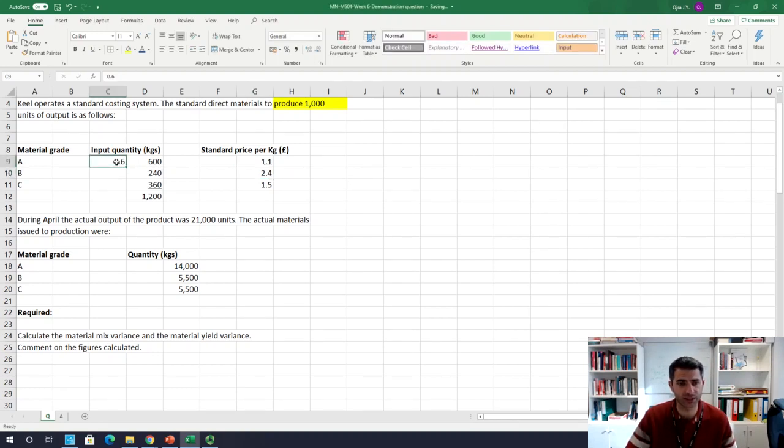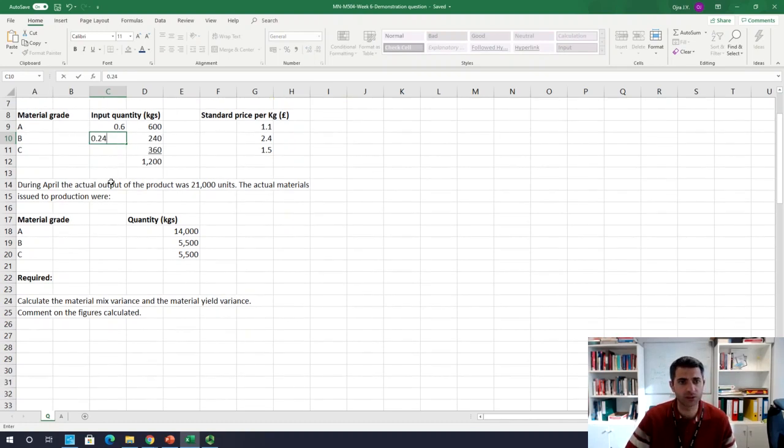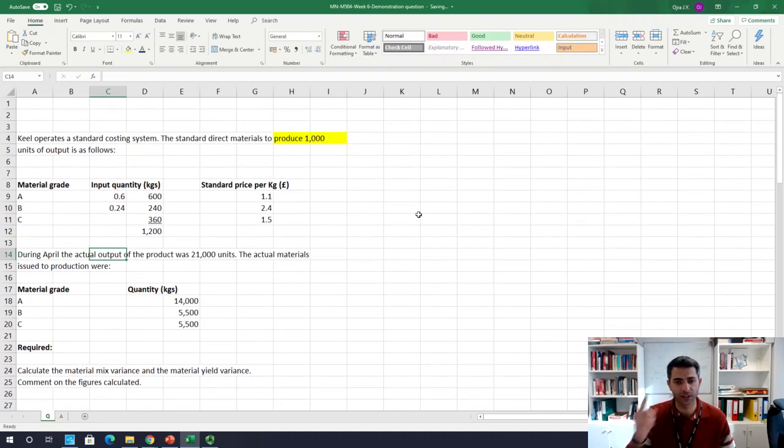For 240 kilogram, if you divide it by 1,000 units, that will give you 0.24 kilogram, again for each unit. Now the next one, 360 divided by 1,000, will give you 0.36. So if you add them all together, that's 1.2 kilogram.